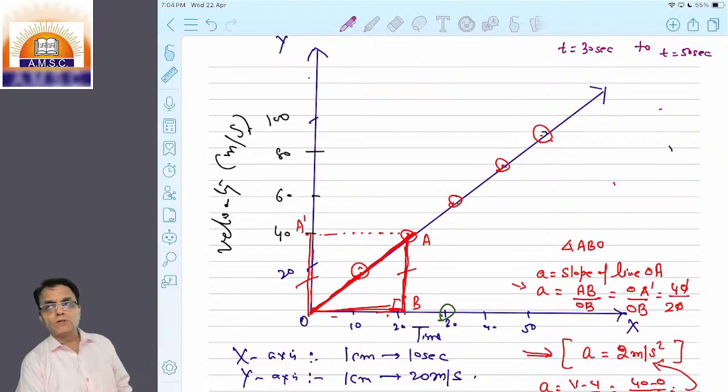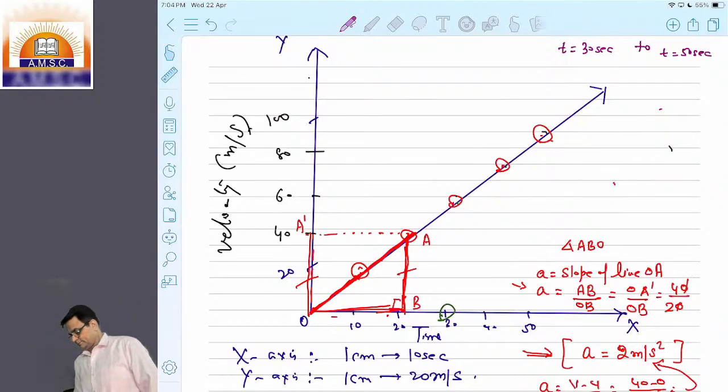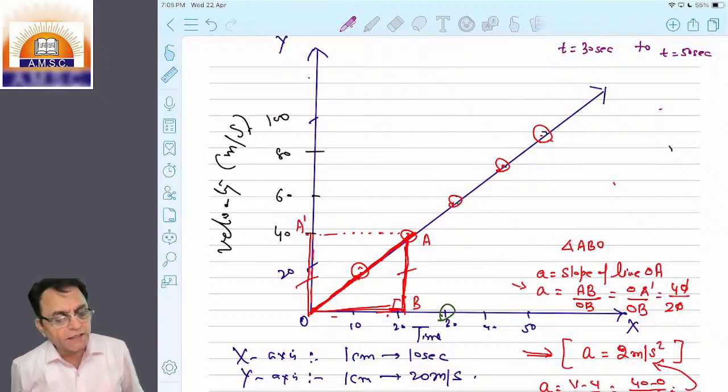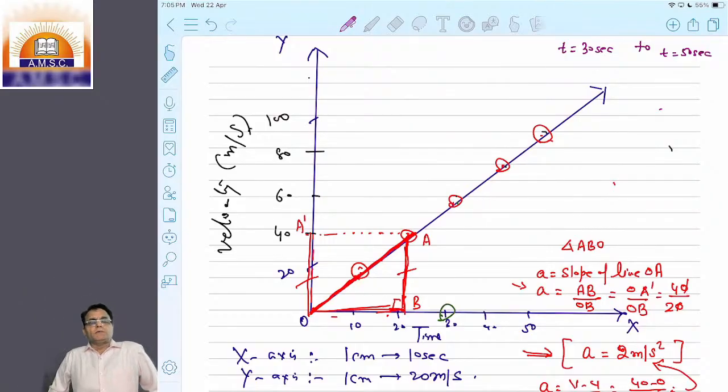And write the second part inside this: the second part of this question. What is the value of acceleration graphically when the velocity changes from 60 meter per second to 100 meter per second?